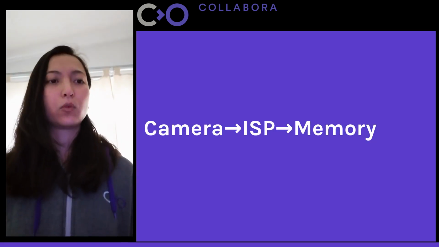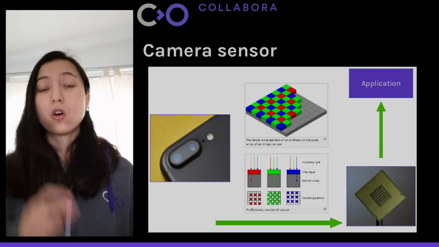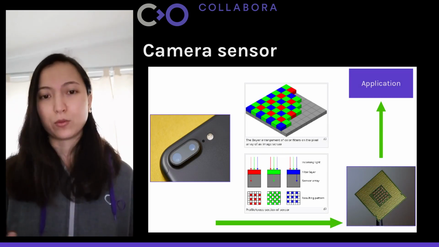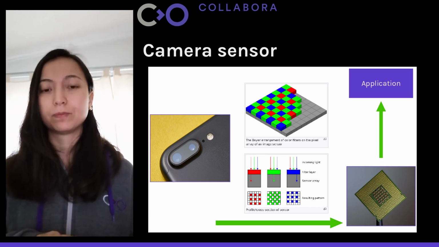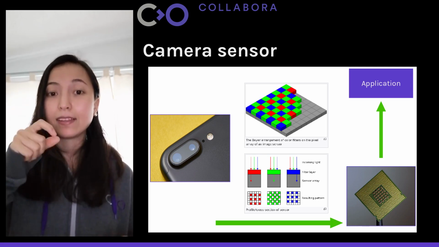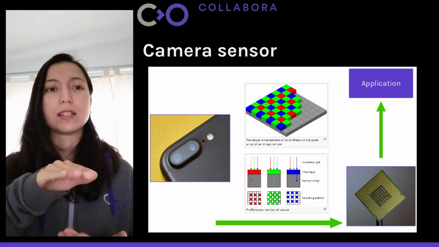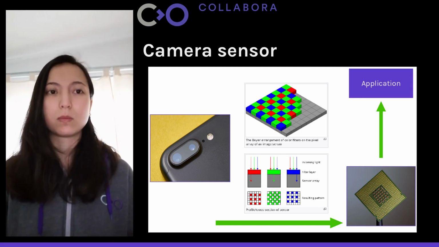Okay, so let's start with the camera ISP memory pipeline. On your phone, usually we have the camera, and this camera is composed of a sensor. This sensor is composed of smaller light sensors, represented by this gray grid on this image, which comes from Wikipedia.